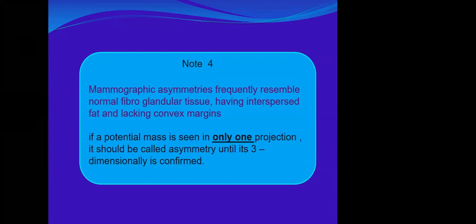Mammographic asymmetries frequently resemble normal fibroglandular tissue, having interspersed fat and lacking convex margins. The latter are the criteria for the mass. However, if a potential mass is seen in only one projection, it should be called an asymmetry until its three-dimensional character is confirmed.